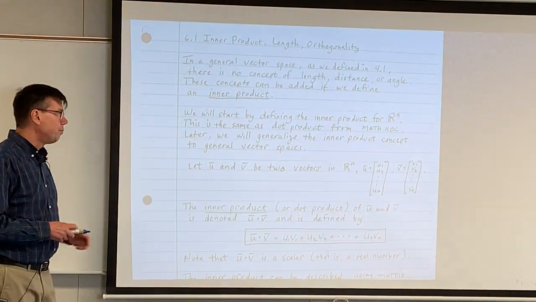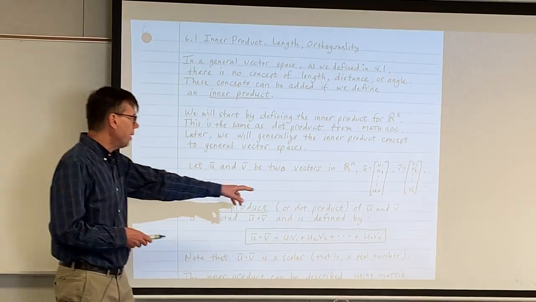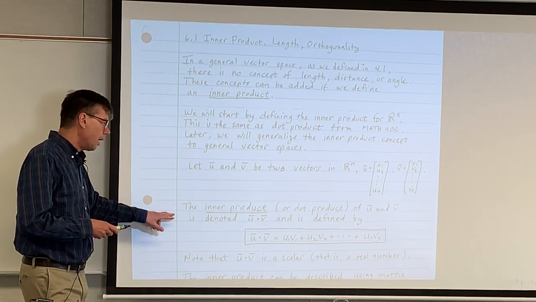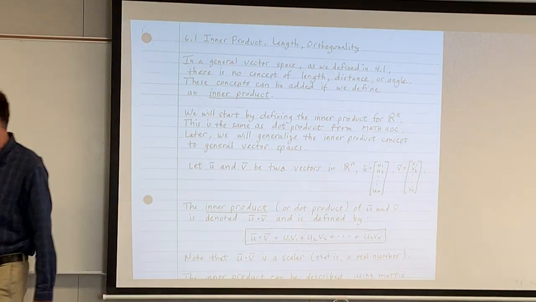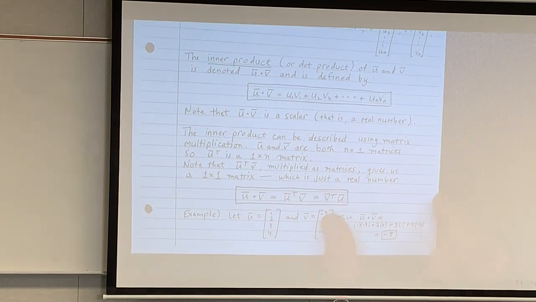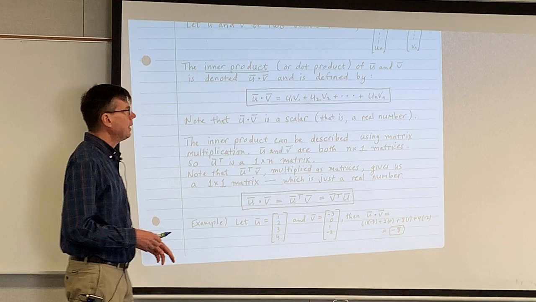So let U and V be two vectors in Rn. So there's U and V with components. The inner product or dot product of U and V is defined by that expression in the box, where we're just multiplying corresponding components and adding things up.